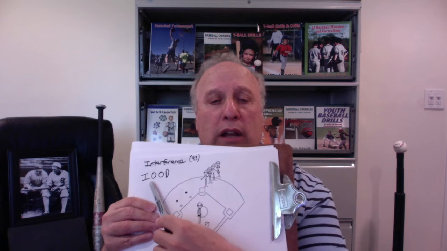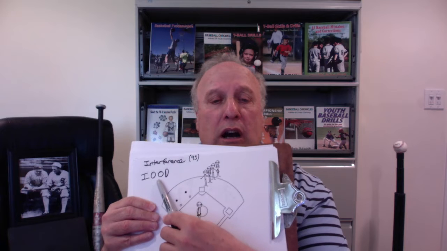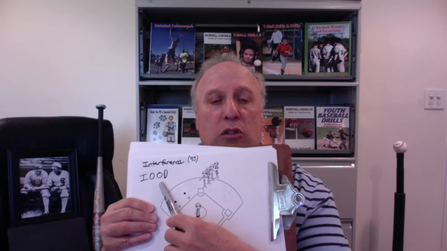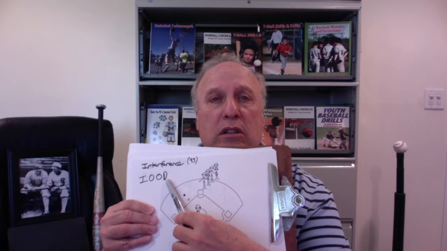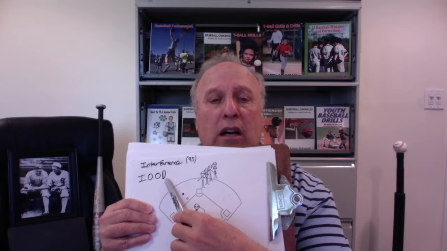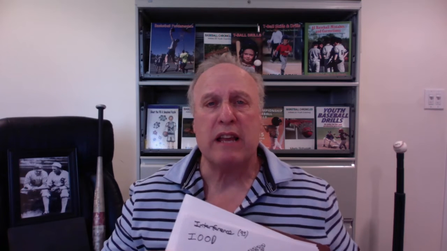Interference is called on the offense. Obstruction is called on the defense, okay? A lot of times interference happens when the players are not watching where they're running and they might be watching the ball. And really, they have to be observant of both.